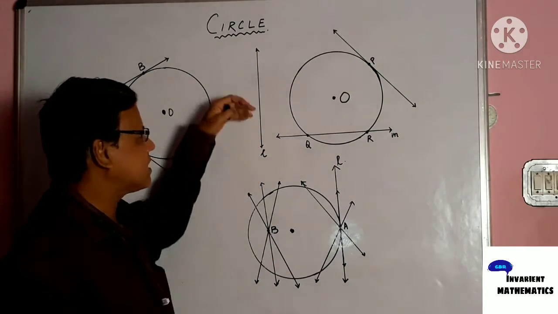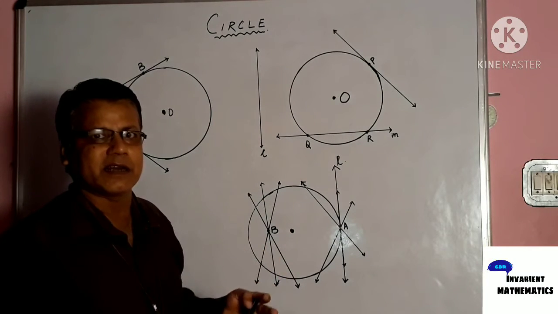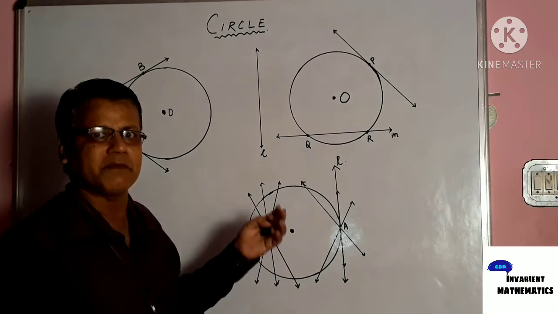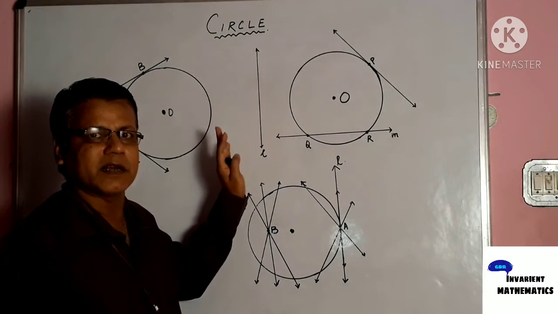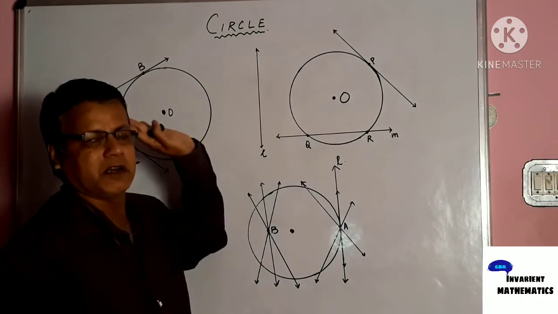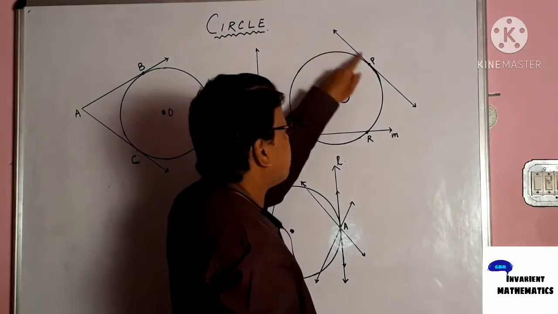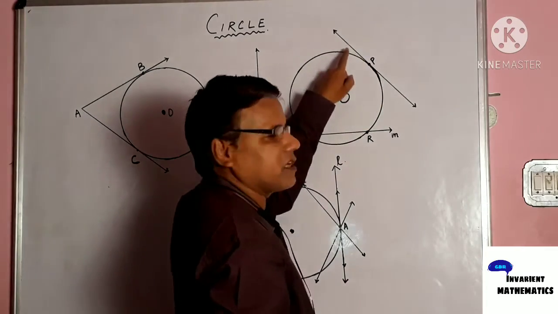So the first one is called a general straight line. There is no specific name for that. That is a straight line which does not intersect or meet the circle. The second line meets the circle at one point only.